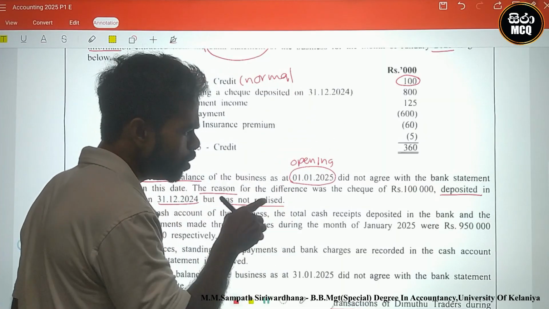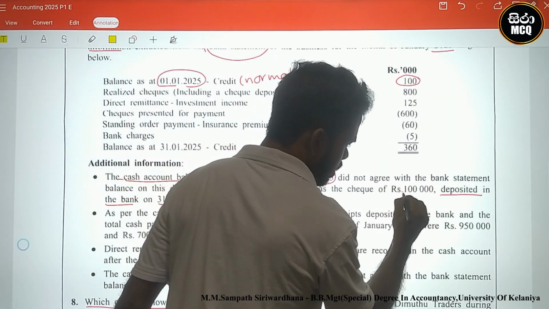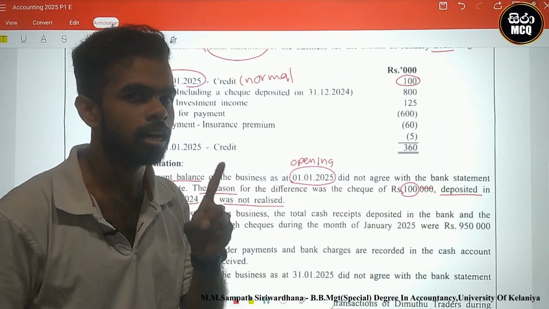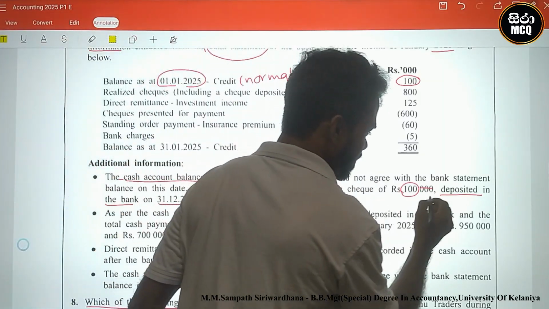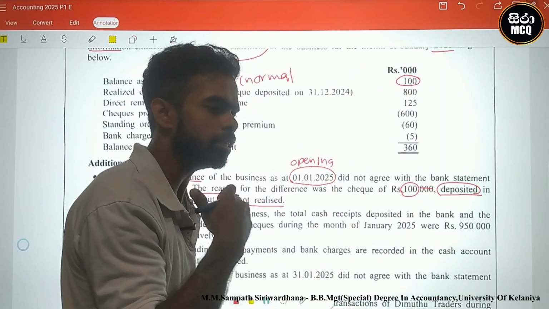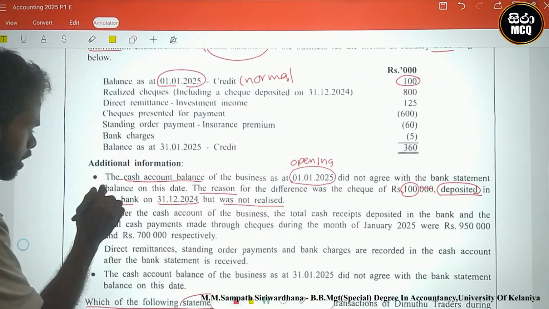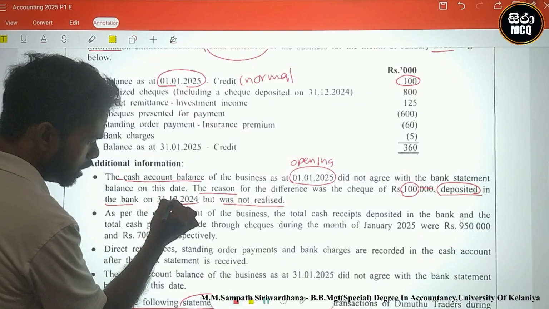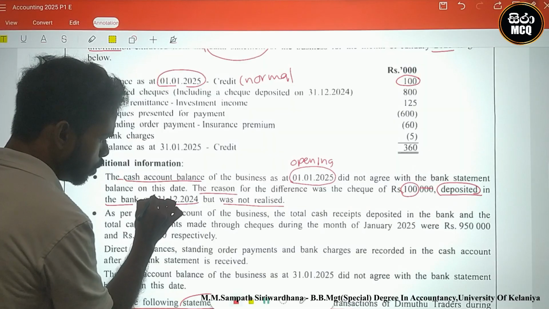The reason for the difference was a check of 100,000. Okay, a check of 100,000 was deposited in the bank on 31st December 2024. This is the closing date.